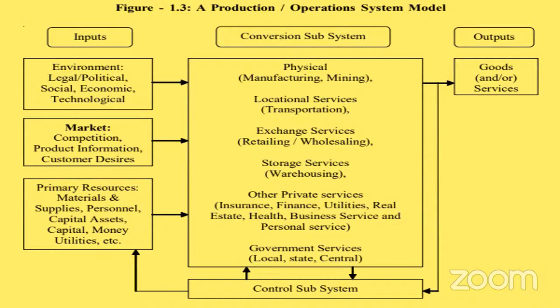Exchange services, retailing and wholesaling. Once we convert the product into finished goods, these finished goods will be stored in godowns, in smaller amounts, or in warehouses, where they will be kept and maintained. From there, we send to the wholesalers through transportation.